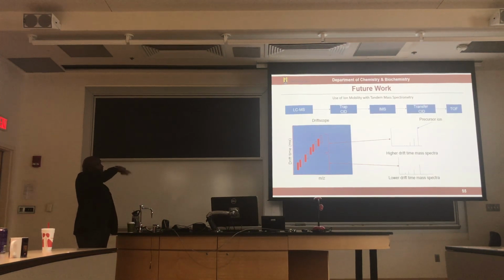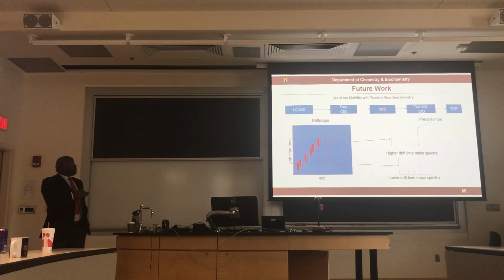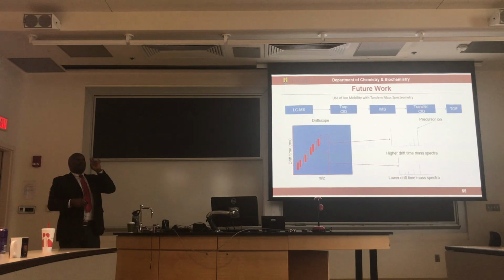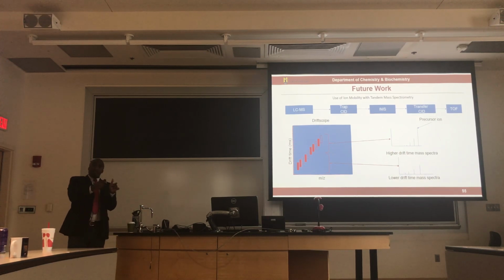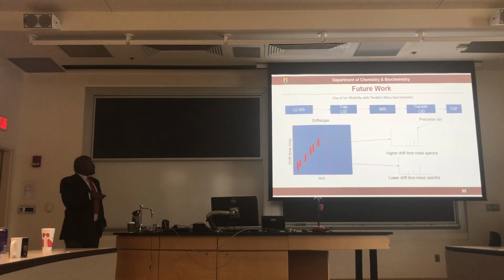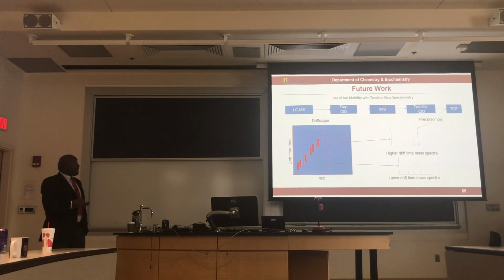So the future work is, one of the possibilities is using the instrument so that if you have the two isomers mixed together, you do partial fragmentation of the precursor ions at the trap region, then you separate them at the ion mobility cell, and then you can complete your fragmentation at the transfer region before you analyze using the time of flight mass analyzer.